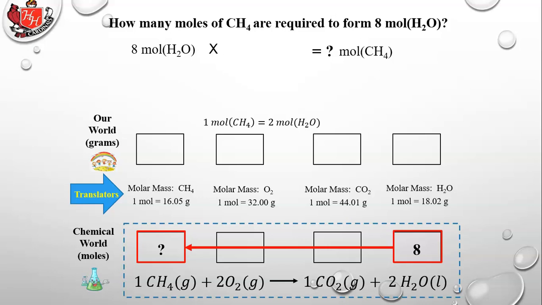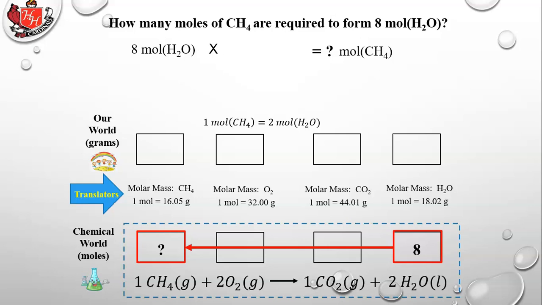You write 1, and then you add the word MOL because it's in the moles row, 1 mole CH4, equals 2 moles, again you add the word MOL, H2O. So it looks exactly the way the chemical equation looks, except you add the word MOL to each side. And that's your equivalency to solve this problem.